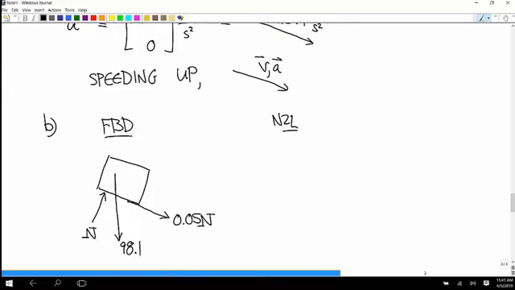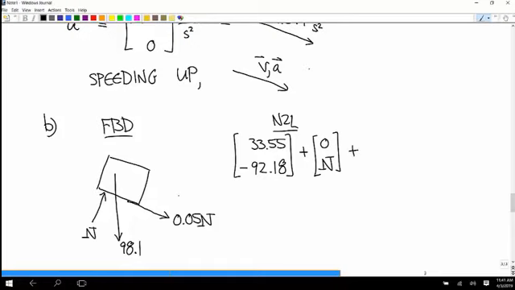Newton's second law says the weight force is the same as it was before, 33.55, negative 92.18. The normal force is 0, N. And the friction force is in the positive x direction this time because of the direction change of the velocity.